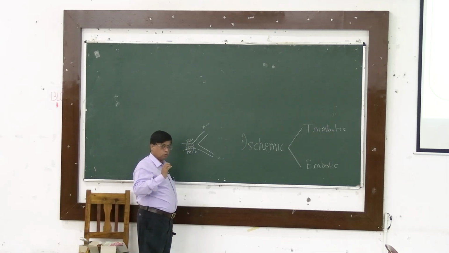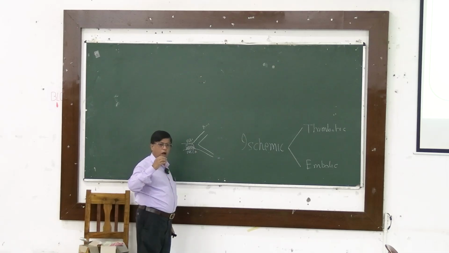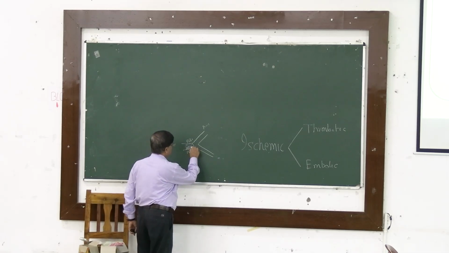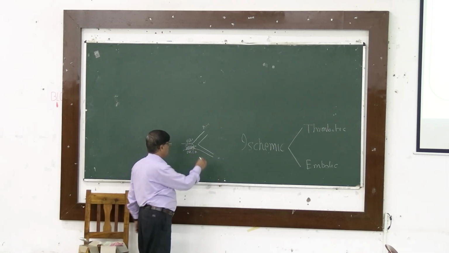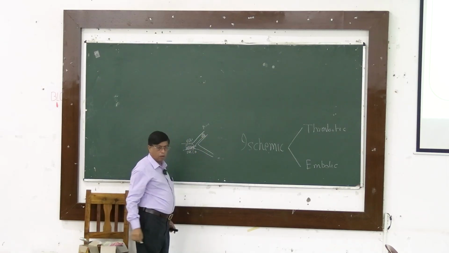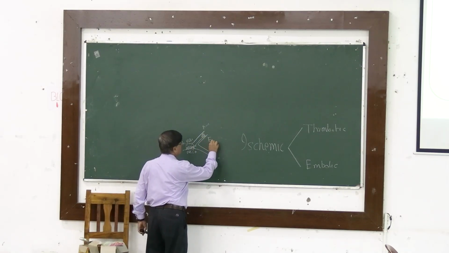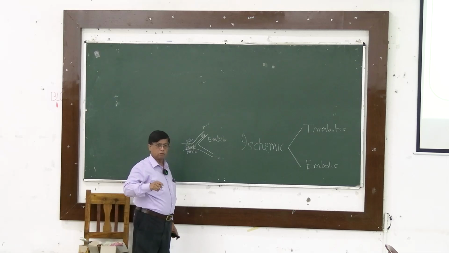But it may so happen that this thrombus, after half formation or before it is completed, gets dislodged, uprooted from here, and it obstructs here. Then it is called an embolus. So, thrombus is the obstruction where it is formed, a complete blockage of the artery at the site where the lesion is.